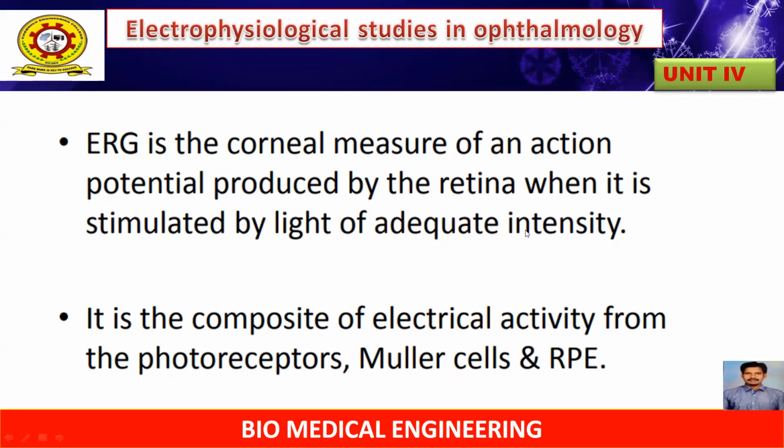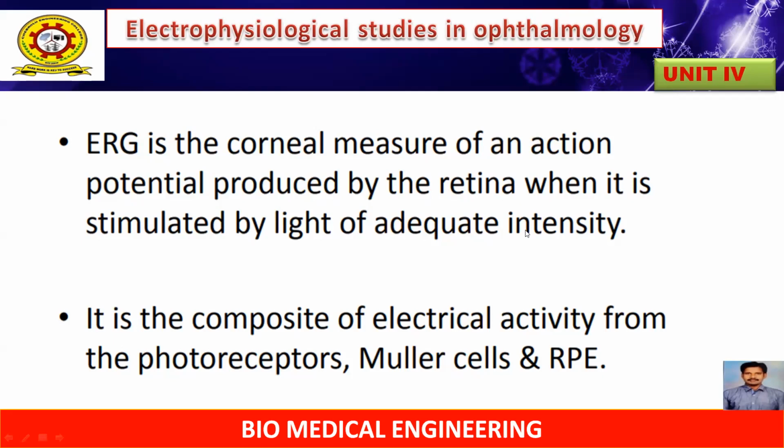So the response of the retina of the eye to the light, that is very important. And changes in the resting potential of the eye from darkness to fall of light on the retina. So it is also a very important definition or principle of ERG.